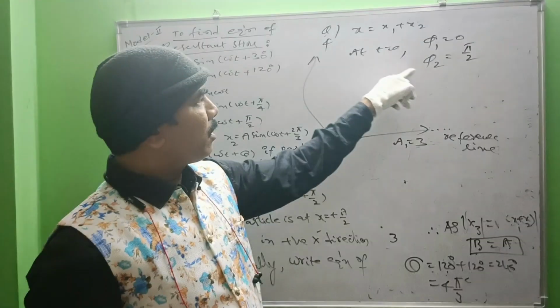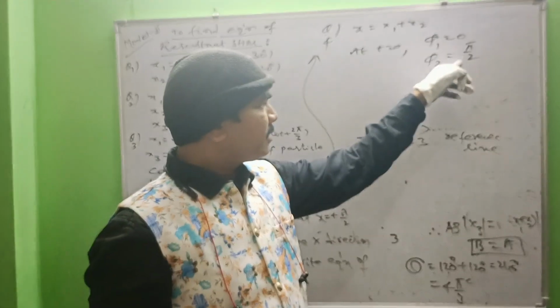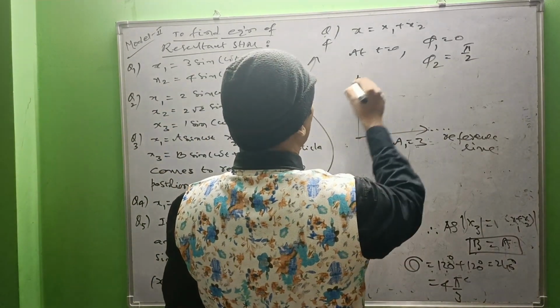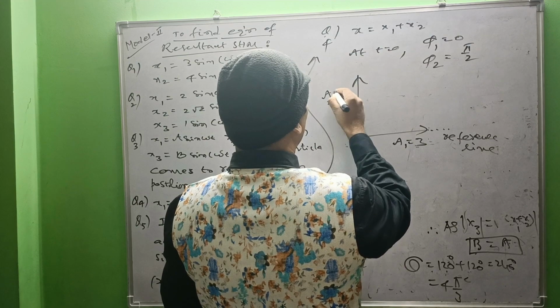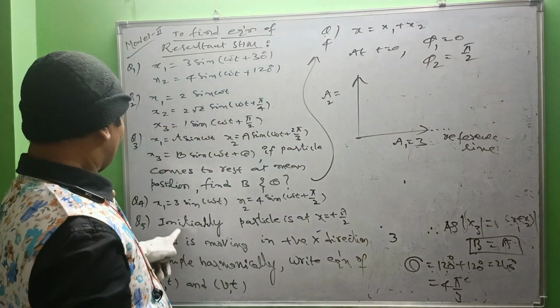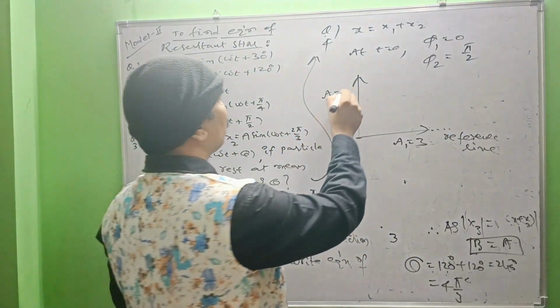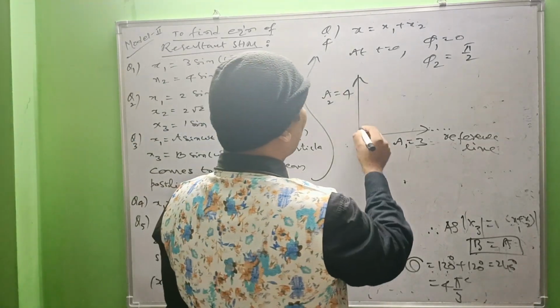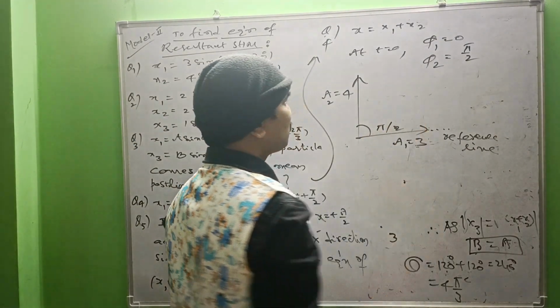Now at t equal 0, what is the phase angle of the second oscillation? Pi by 2, so take it along the y axis. So A2 equal 4. Right? Pi by 2, that is 90 degrees.